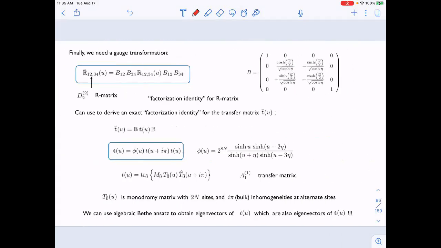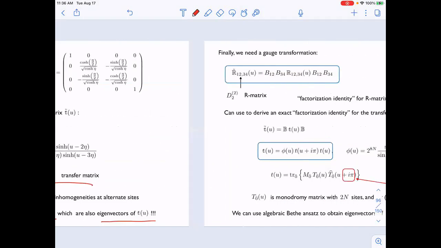And then, since this is A11, all of us know how to use the algebraic Bethe ansatz to obtain the eigenvectors of this T of U. And since these guys commute, these are also going to be eigenvectors of the guy that we didn't know, this blackboard T. So now the problem becomes quite straightforward.